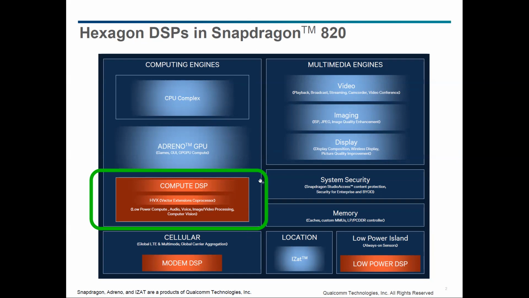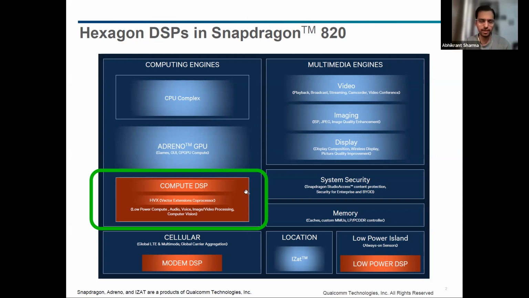Now the data bus that is connected between the CPU complex and the compute DSP, and the CPU complex and the modem DSP, has limited bandwidth. And as you know, a voice call is given the highest priority, like an interrupt. When you get a voice call, all your applications tend to freeze.